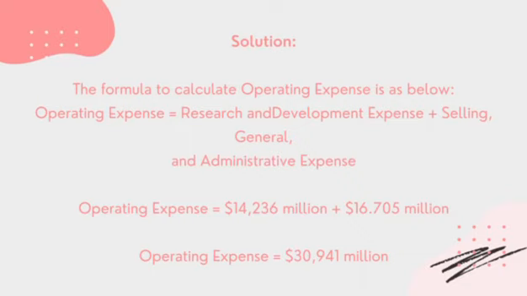As we can see in the picture provided on the PowerPoint, we have here the research and development amounting to $14,236 million and the selling, general and administrative amounting to $16,705 million.